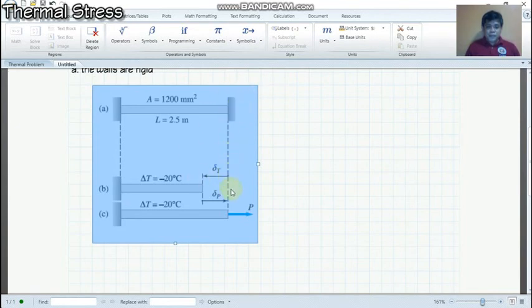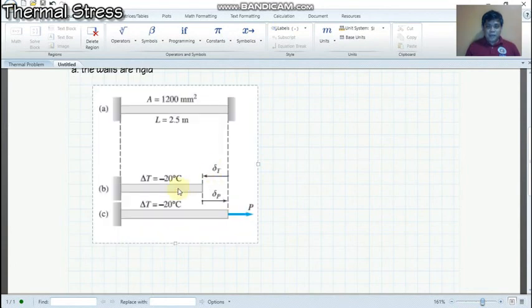Having the support removed, the bar is now able to contract after the drop of temperature to minus 20 degrees Celsius, and this value is the delta T. Then, to bring the bar back to its original position, that is, to attach the bar back to the wall, we apply a force P to stretch this bar to attach again to the wall.